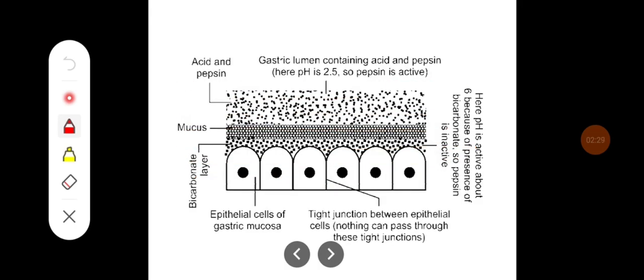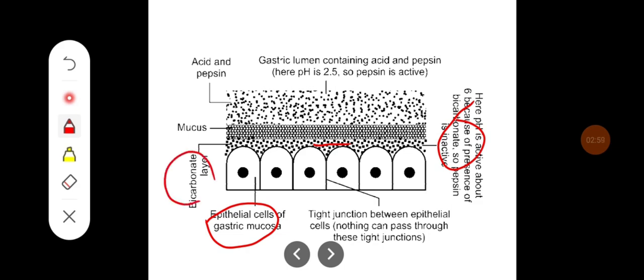So this is the diagram showing the mucosal barrier. This is the epithelial layer of the gastric mucosa, and in this layer the pH is about 6 because of the presence of bicarbonate, and pepsin is inactive in this particular layer, which is called the bicarbonate layer.